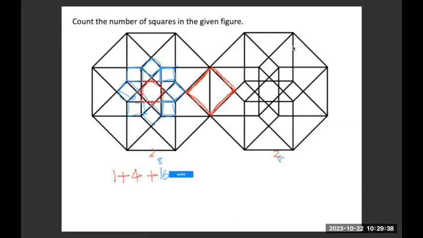So 16 plus, further besides this, eight such figures are seen because it's an octagon.